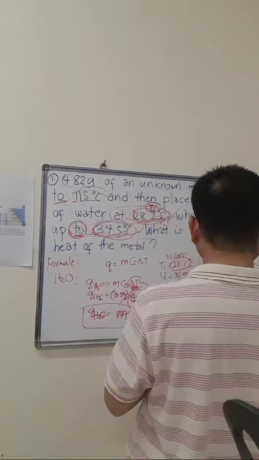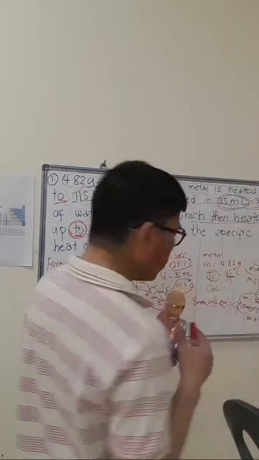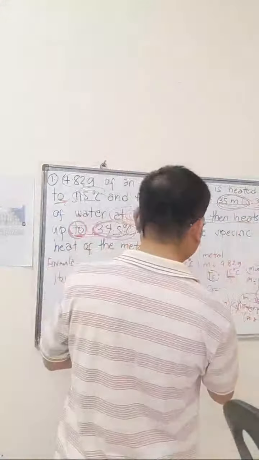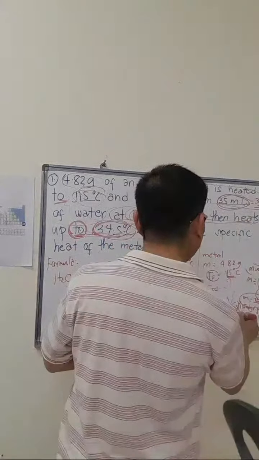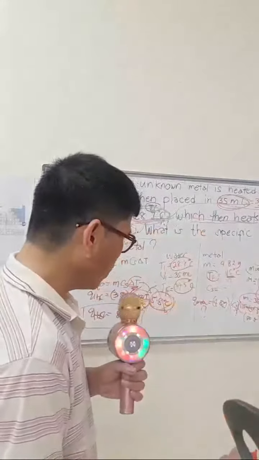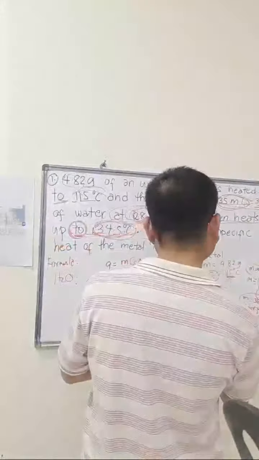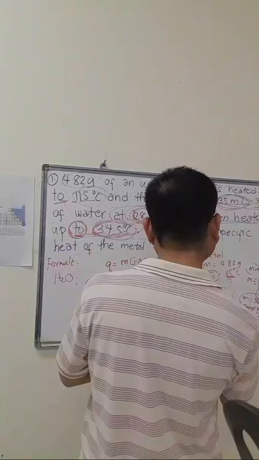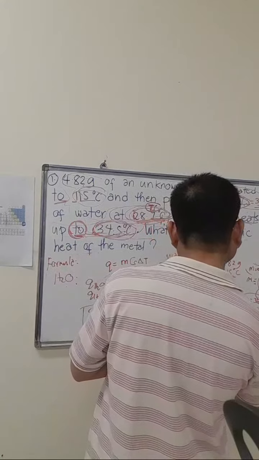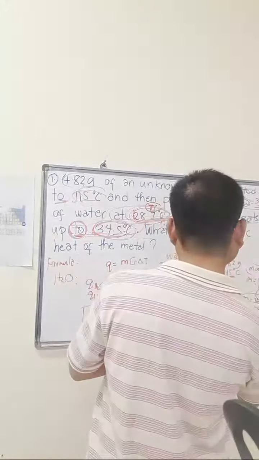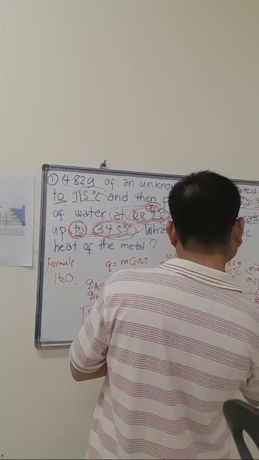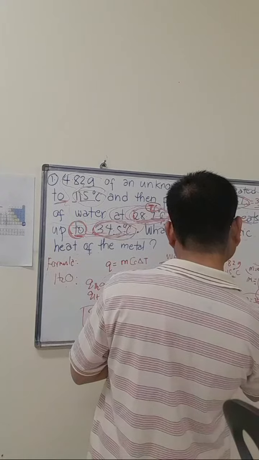Now guys, in your Q metal, you still have the Q metal which is unknown, and we still have the CS, which is the one we need to know. Compute for CS by algebra. CS is equal to 4.82 grams times 80.5. What is the unit of 80.5? This is Celsius, of course, the temperature difference.